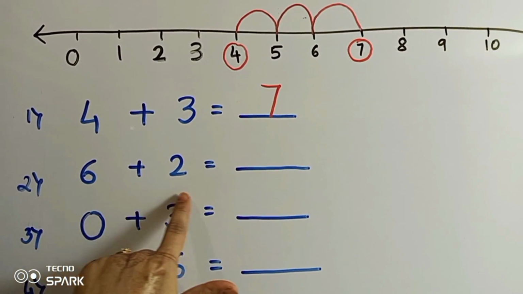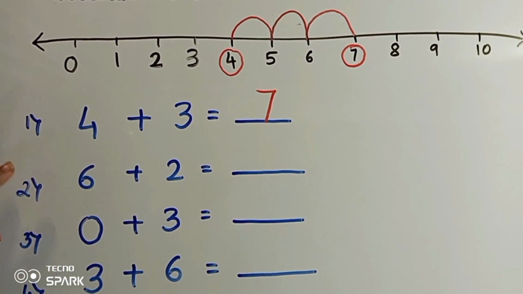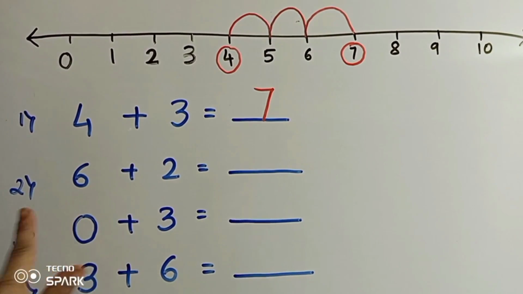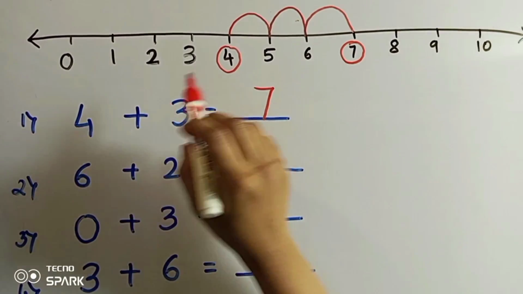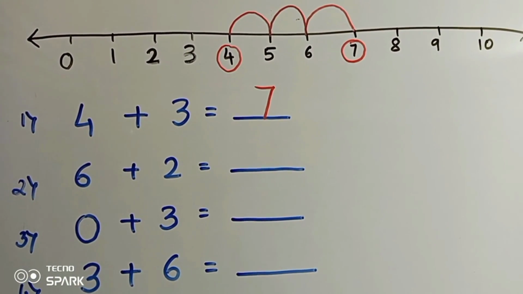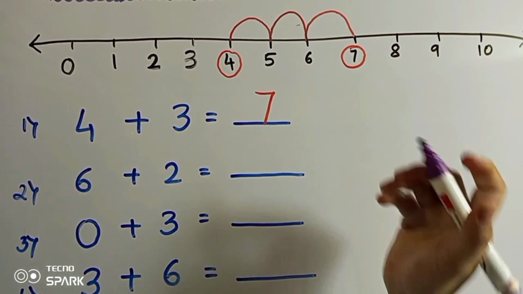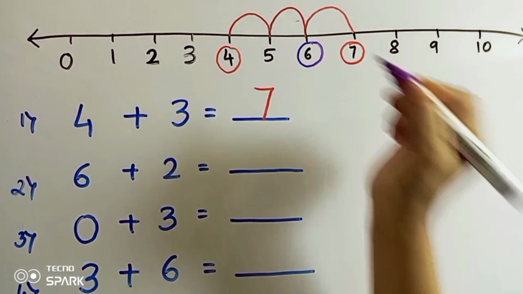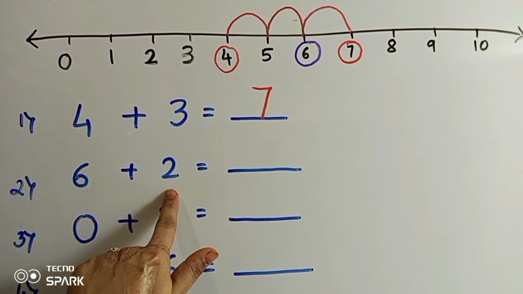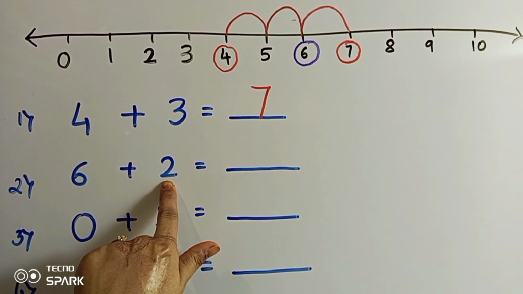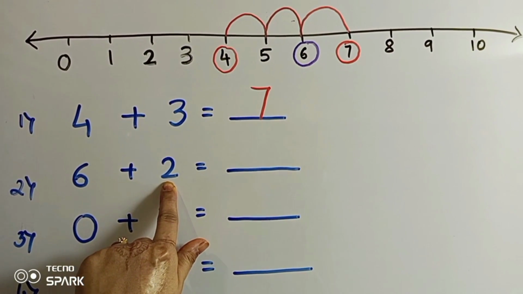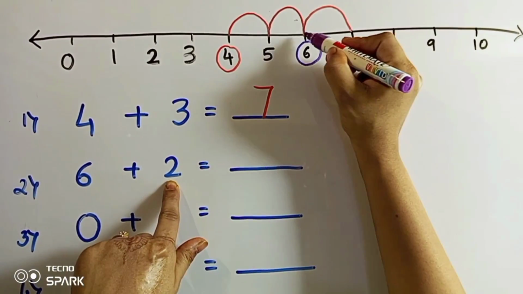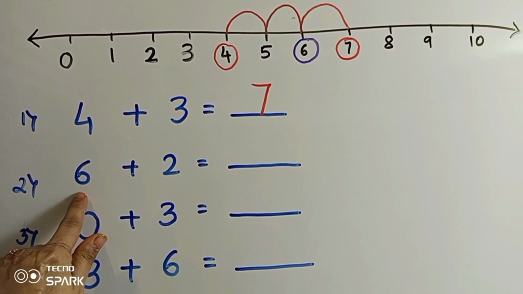Make the child aware of addition using number line. Now, let us consider the second example over here. In this second example, the first number which is mentioned is 6. So, let them find number 6 on the number line. So, number 6 is over here. And the next number or the second number mentioned here is 2. So, we will ask children to move 2 steps forward or take 2 jumps from number 6.